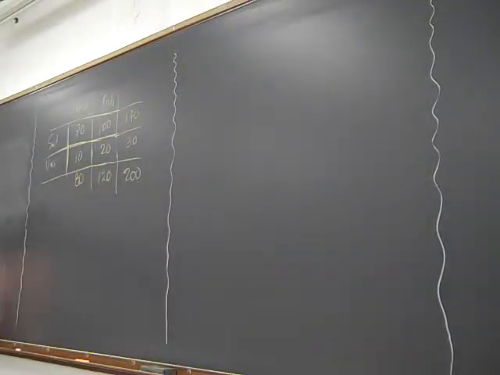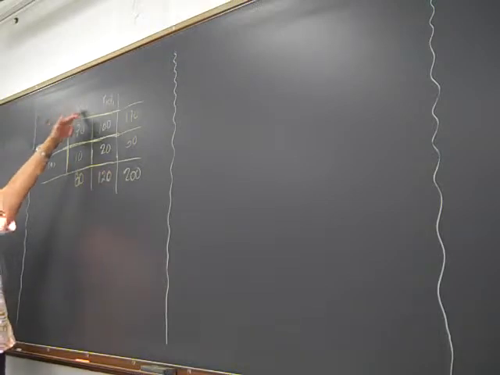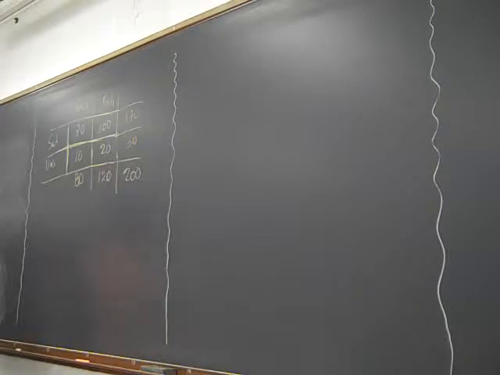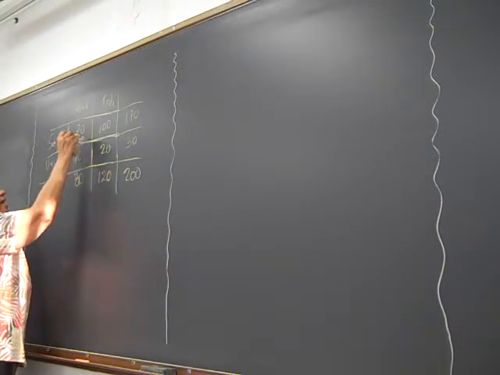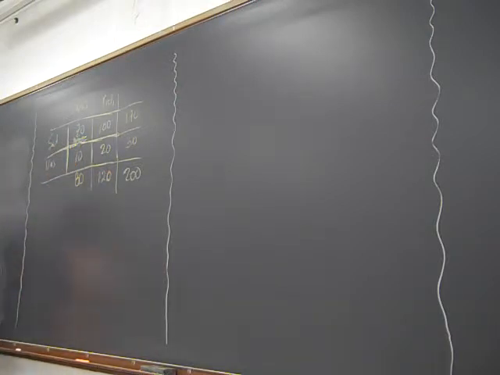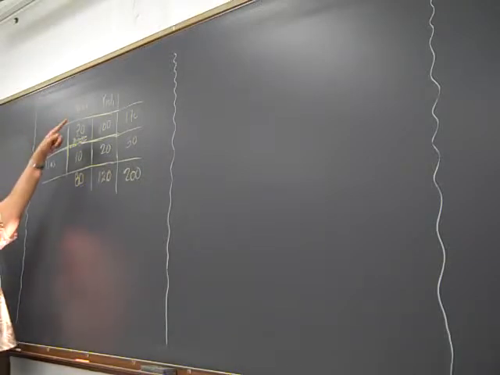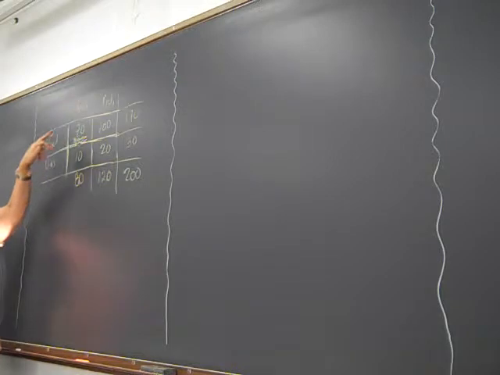Now, from these, we are going to get probabilities. What is the probability that someone ate meat and was satisfied? 70 divided by 200. That is the probability that if I pick one random customer, that customer requested meat and was satisfied with the meat. 70 over 200.